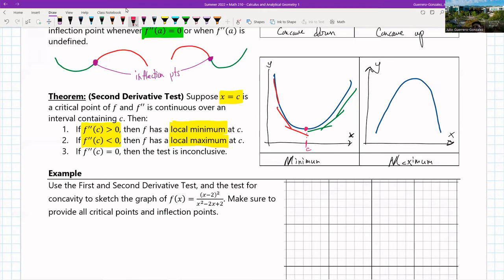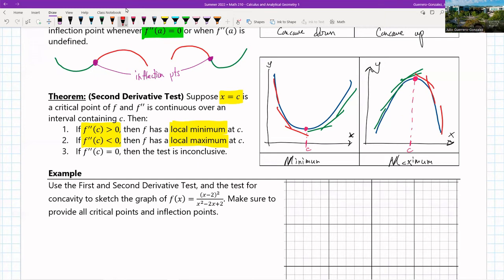Okay, same idea. Here's our value c. We said that this is a critical value. Notice what's happening here. The slopes before, as we saw before, are positive, and the slopes after are negative. So the slopes of the tangent lines are starting positive and turning negative.